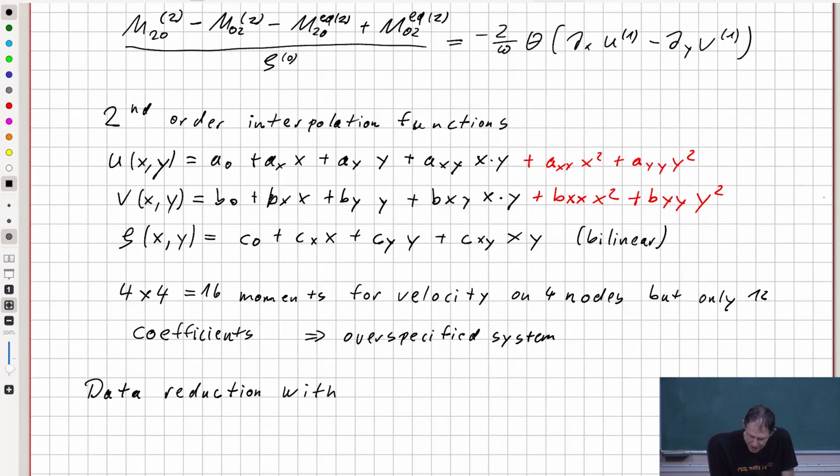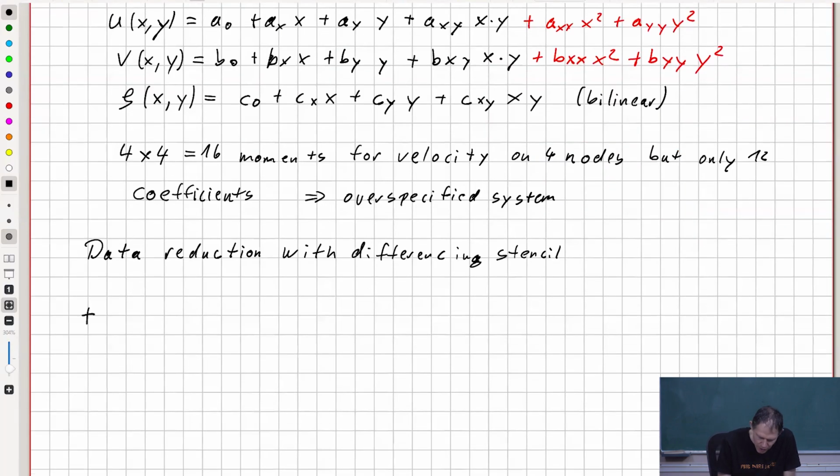With finite differences, the differencing stencil.